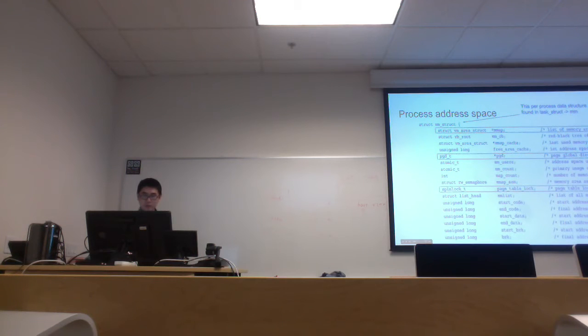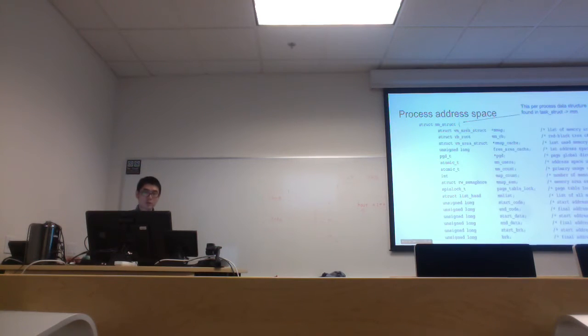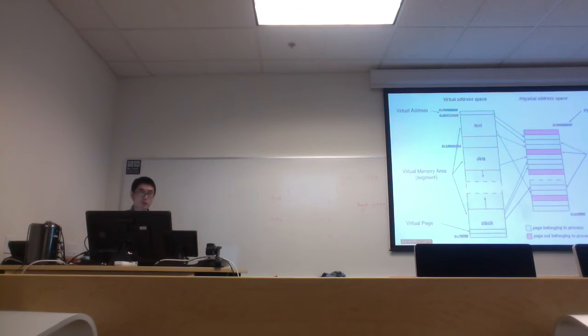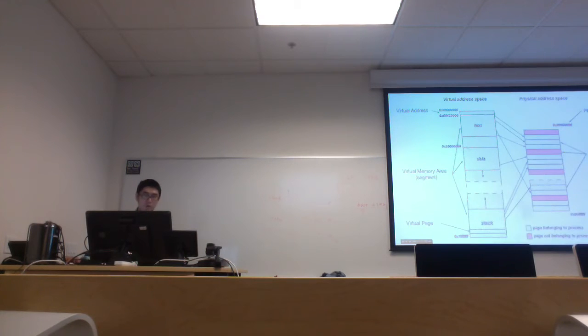First, the memory map. This memory map is a linked list of memory areas. What is a memory area? These segments. For each of these segments, there's a data structure called vm_area_struct, describing one of the segments. And the struct has a linked list that links all of these.